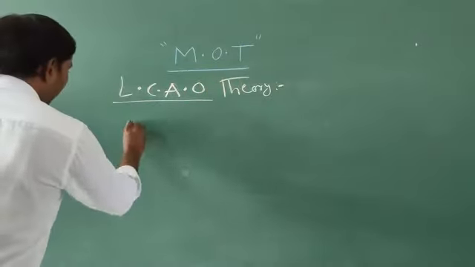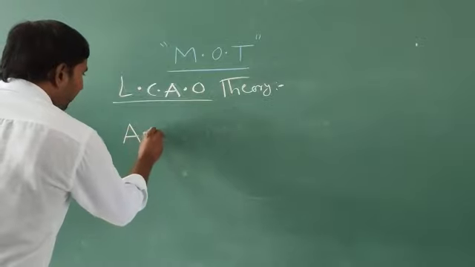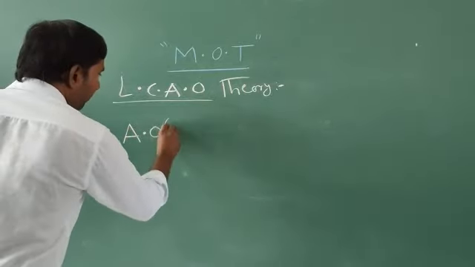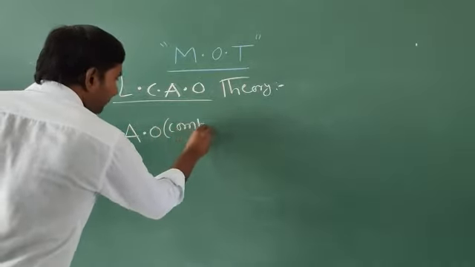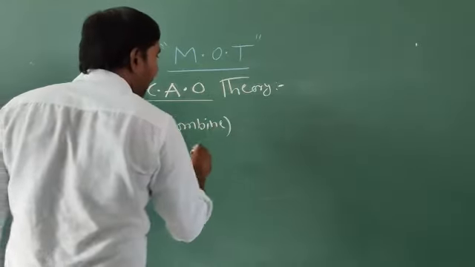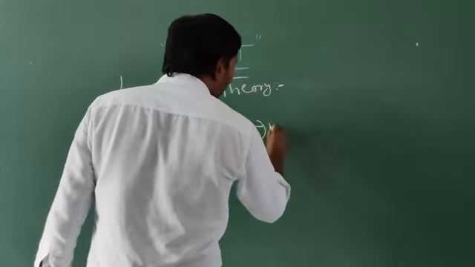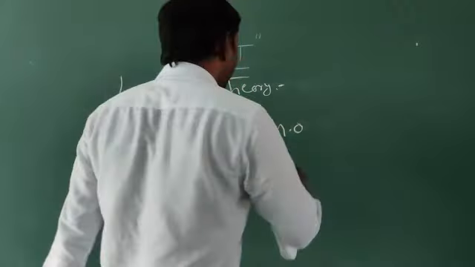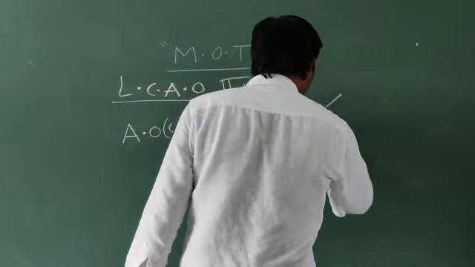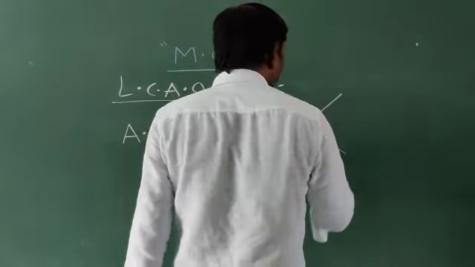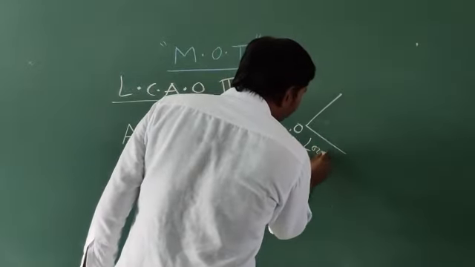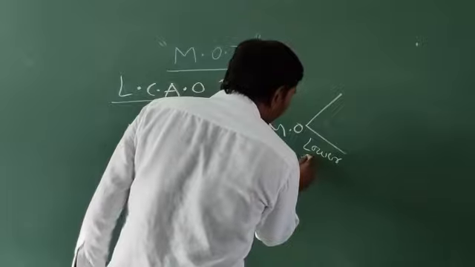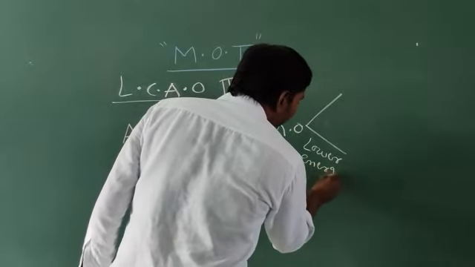That's why, when atomic orbitals combine to form molecular orbitals, MO meaning molecular orbitals, the molecular orbitals have two types. Half of the molecular orbitals have lower energy.